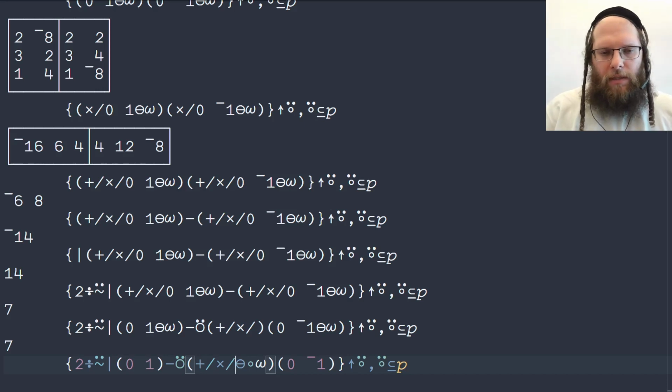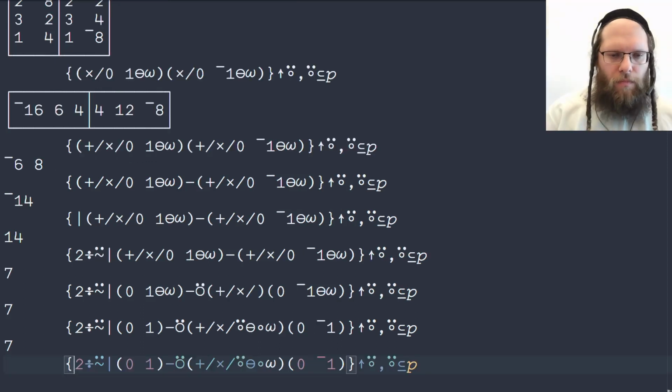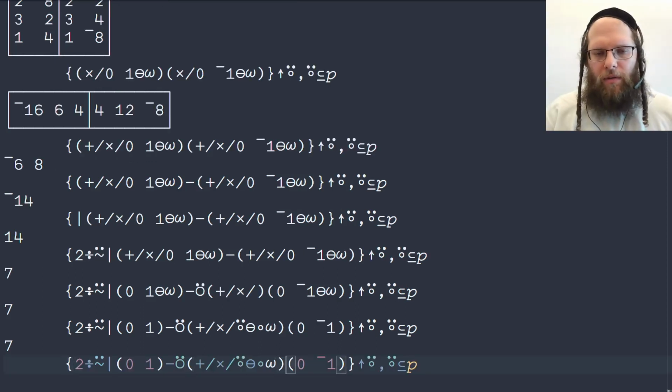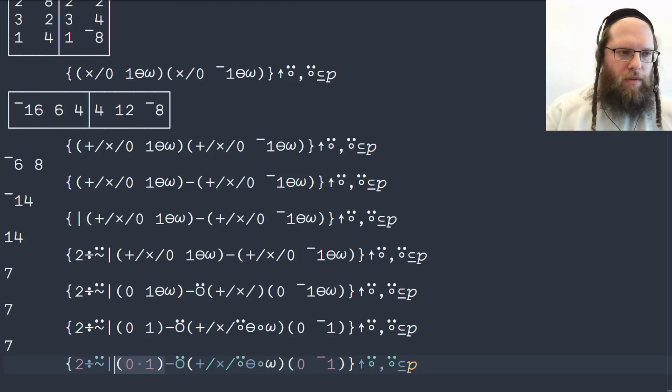So being that it's tacit, we can't just have 3 monadic functions after each other. That would mean something else. But we can, the same way we did over here with the preprocessing, glue together these two with this top operator. This is looking better. Now we're just giving the rotation amounts as arguments.